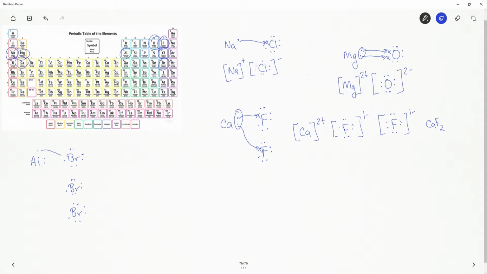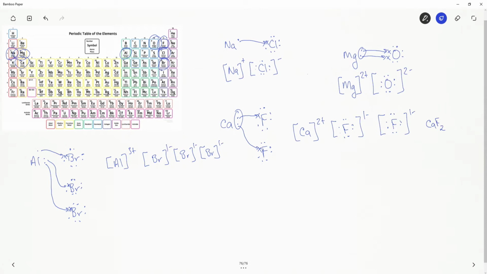So aluminum simply gives an electron to each of these bromine atoms. And we end up with aluminum as the cation with a 3+ charge and 3 bromine atoms, each with a -1 charge.